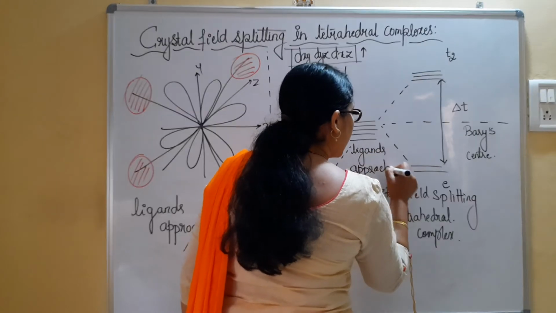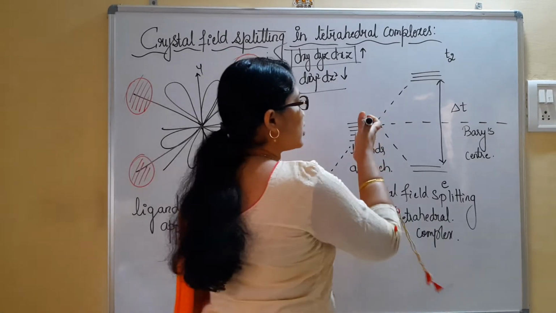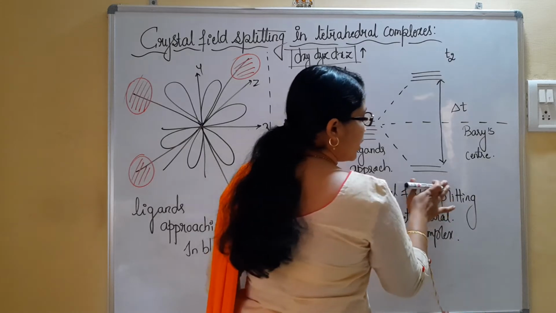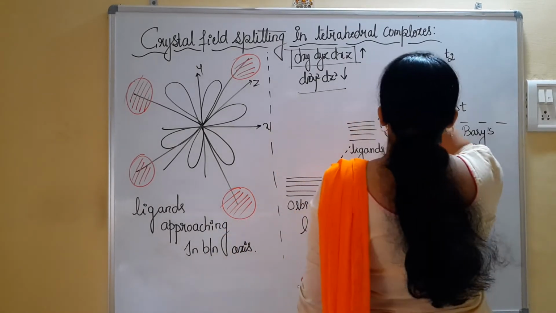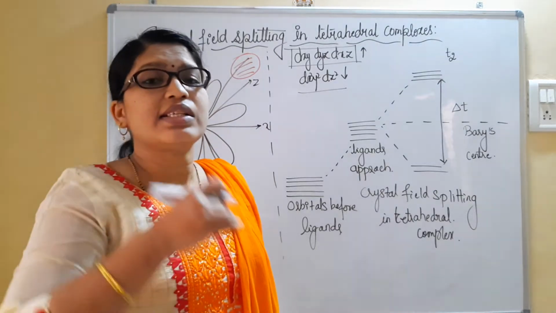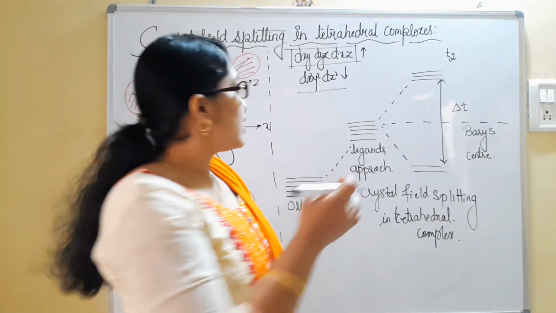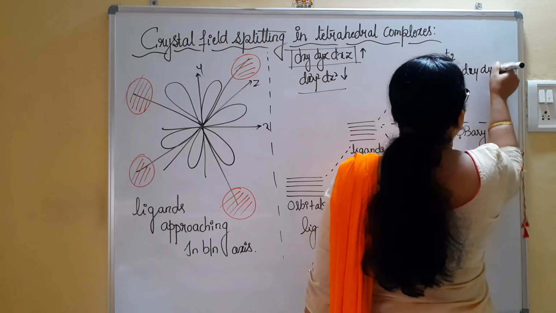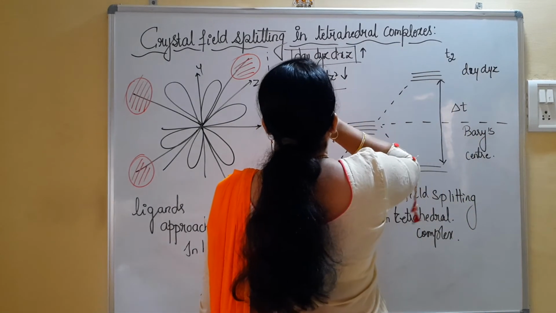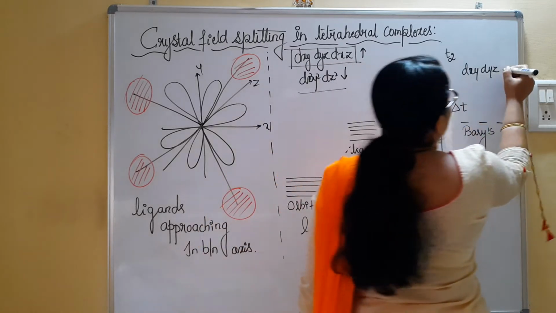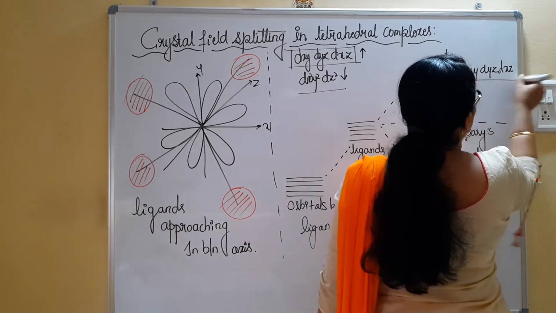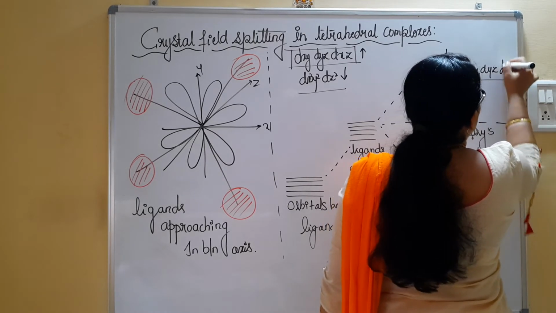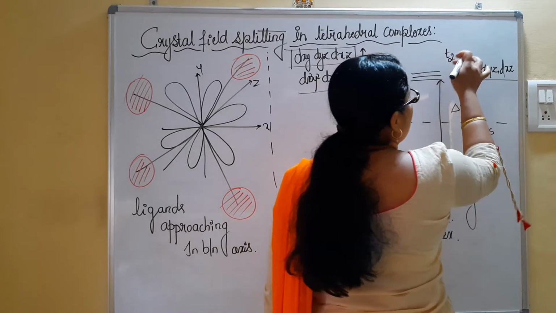Okay. When the ligands approach the orbitals, some of the orbitals will have higher energy, some of them will have lower energy. Here, the higher energy orbitals whose energy is increased are dxy, dyz and dxz. So these are the 3 orbitals whose energy is increased, right? And it is represented as T2.